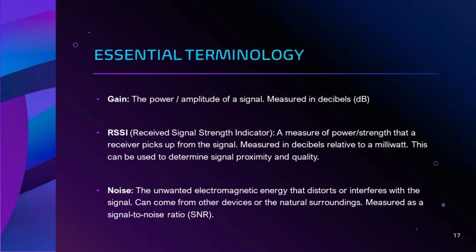Some other essential terminology here. We have gain, which is the power or amplitude of a signal, and it's measured in decibels. dB, it's not measured in decibels, dBm, decibels per, I don't actually know what dBm stands for. 0 dBm is 1 milliwatt of power, and it scales.